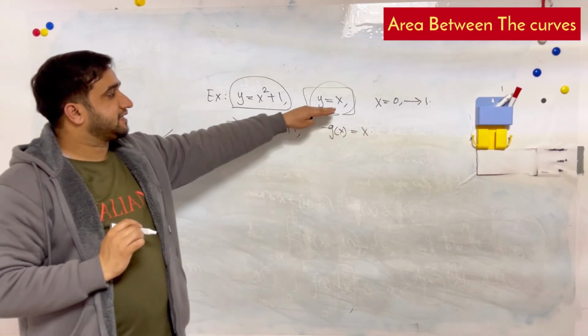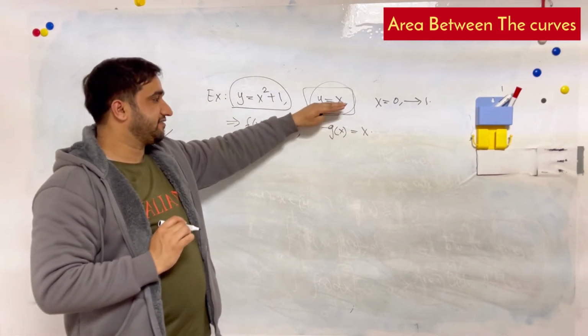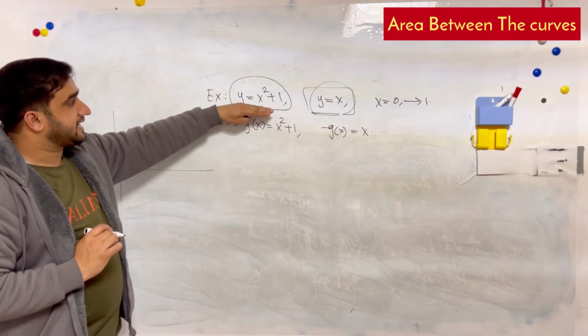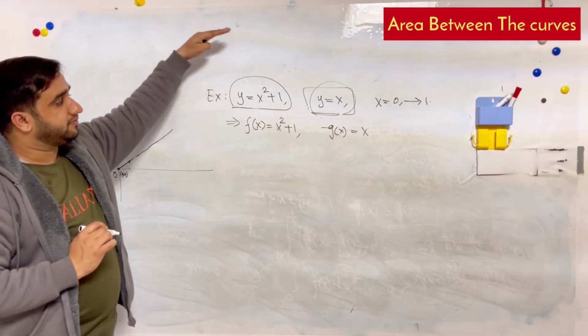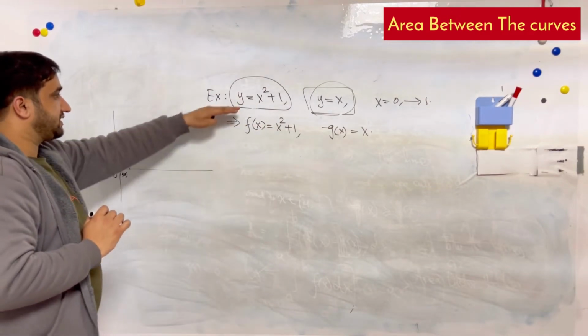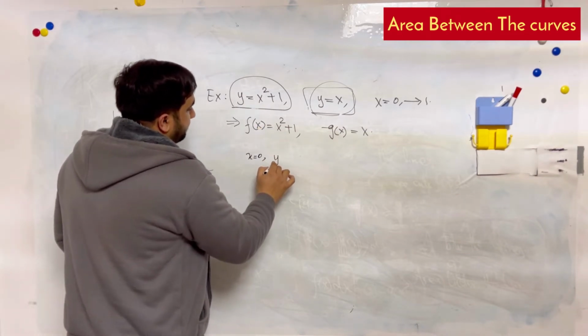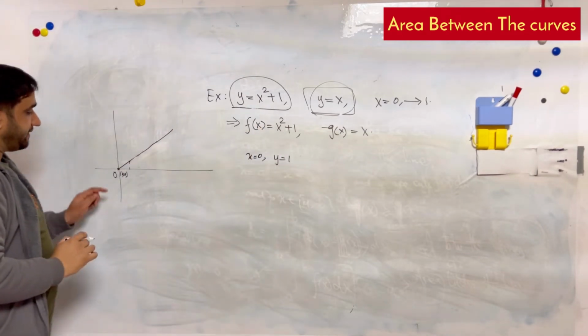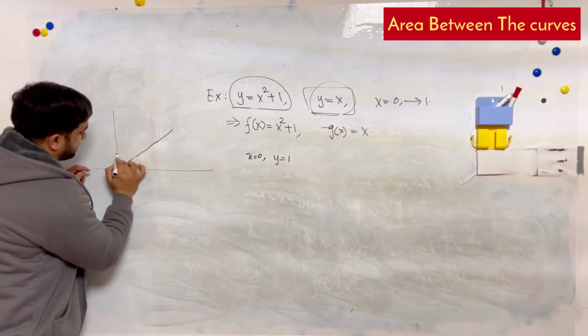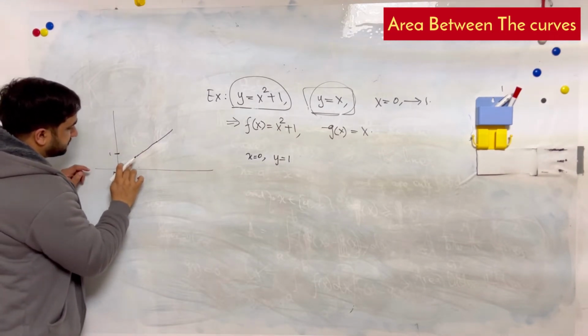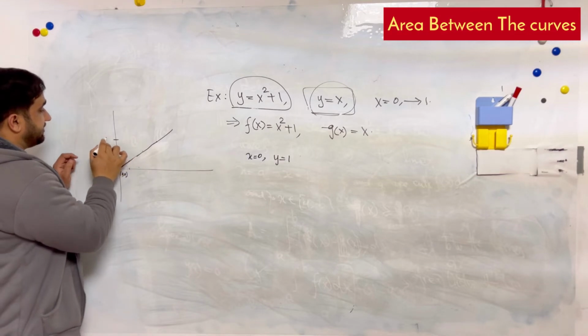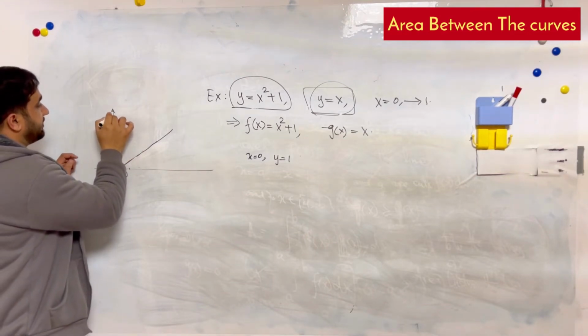So this is the function for a straight line, and they said the function coming from above is this one. So how to plot this function? If you put x equals 0, then y will give you 1. It means it will start, suppose this is 1 on the y-axis, this is 2, this is 3, and so on.